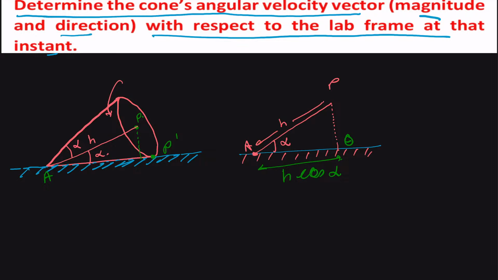So it means if we draw a vertical line, this h cos alpha will be basically the radius of the circle in which it is rotating. This is not actually symmetric, but I'll try. It will be something like this, and similarly the point P will also be moving in the same circle of radius h cos alpha.